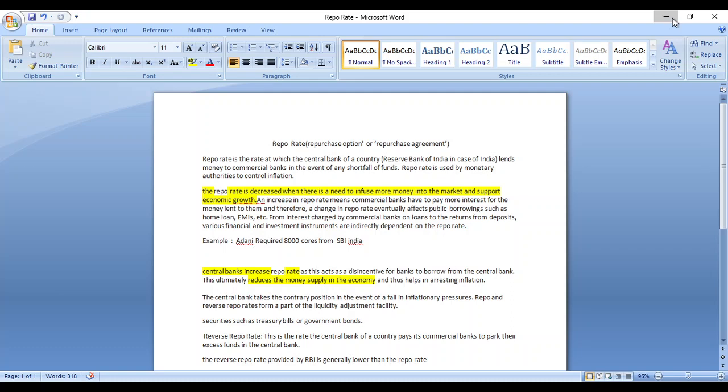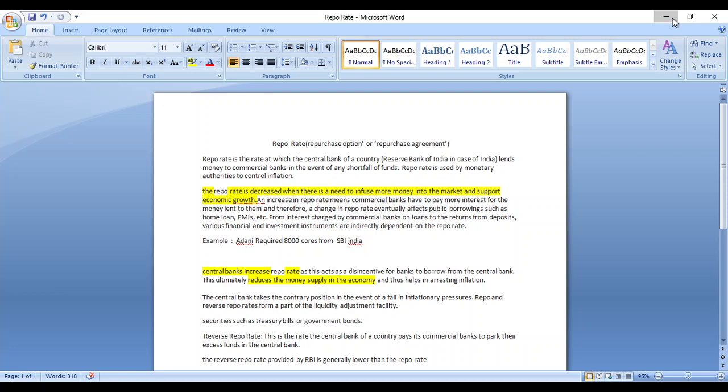So banks directly approach the RBI. Suppose I have 8,000 crores of extra money in SBI; SBI directly approaches the RBI and invests that 8,000 crores, and within a short period of time, within 1 year, the RBI pays the interest. That concept is called the reverse repo rate.